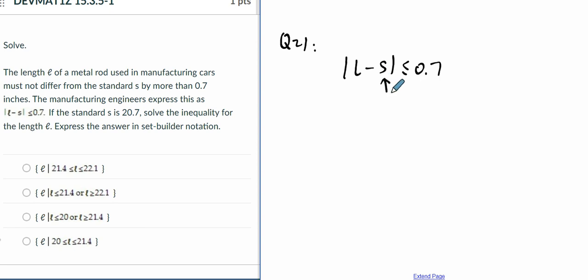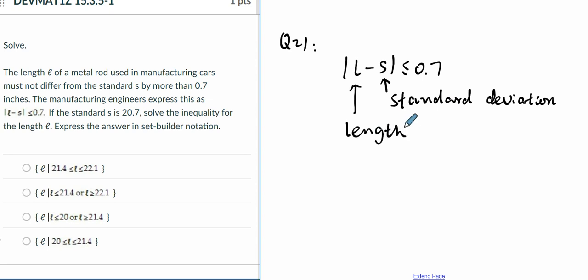Here is the standard deviation you will know later, in statistics or in Math 120, where we have a little bit of the concept. And L is the length. So the difference between the length and the standard deviation shouldn't be over 0.7 inches.